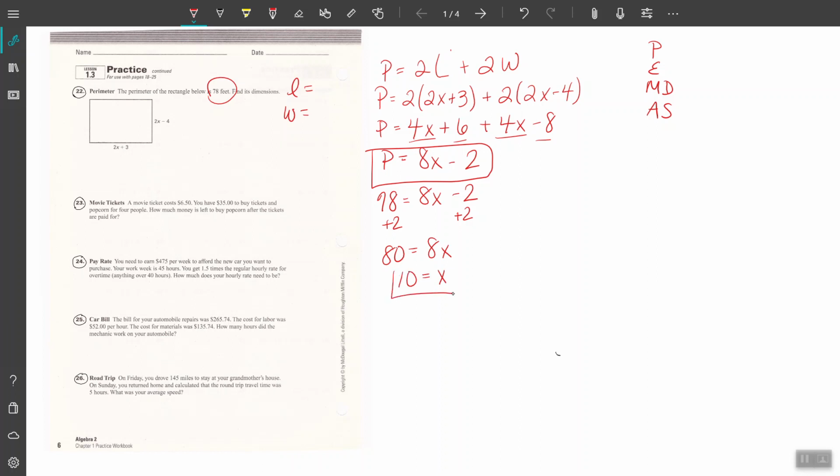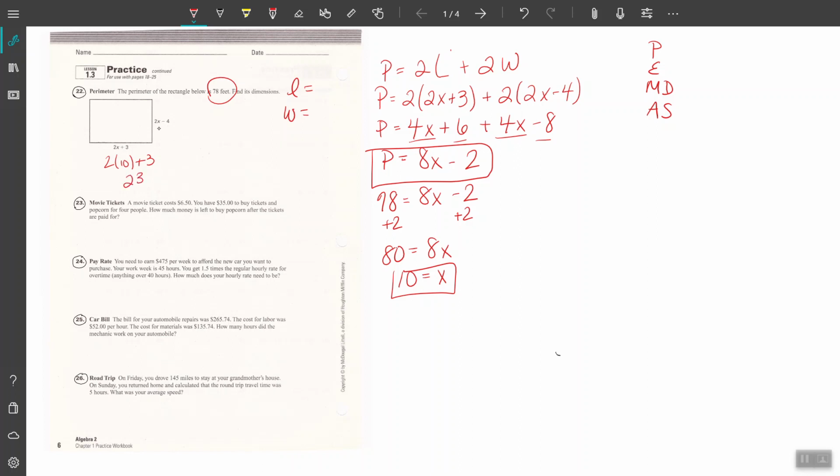So sometimes you might forget and leave that as your answer, but that's not the answer. They didn't say solve for x. They said find the dimensions for this particular rectangle. So then we need to go back up here and fill in 10 for x here, and that'll give us 23.